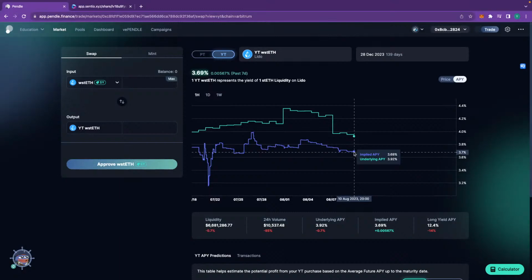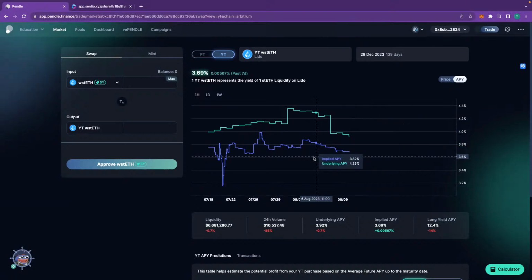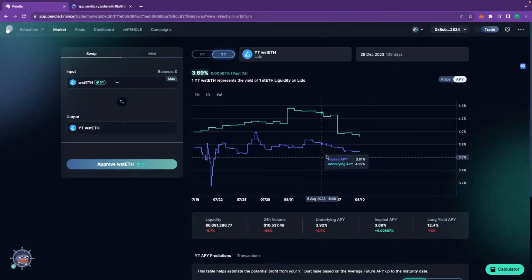It could be a good case to buy YT for this market, because if market volatility really picks up, underlying APY will go up, and because people are actively trading this market, implied APY will also go up, and you can potentially benefit from buying YT now and selling YT then when the implied APY goes up.